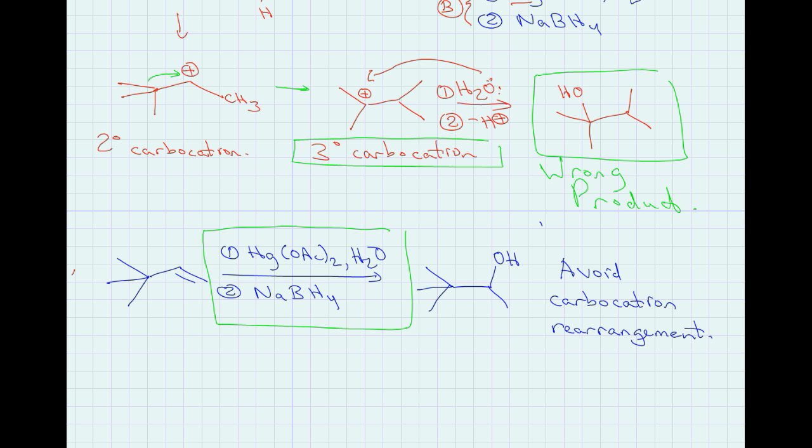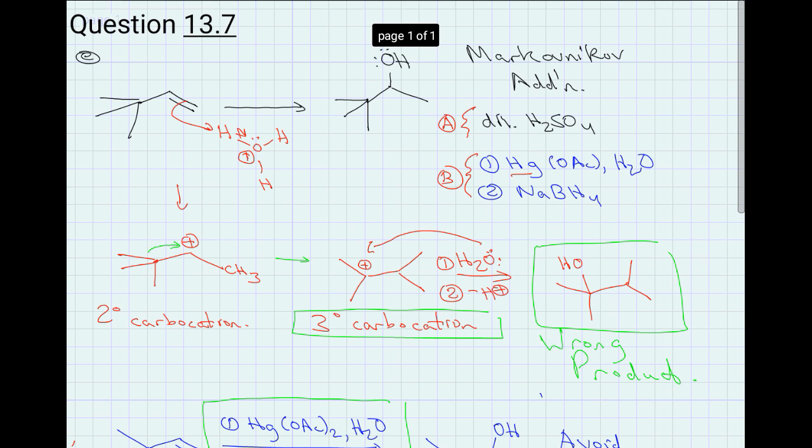So that is why we choose mercuric acetate and water and then sodium borohydride, and let me just emphasize this, we would not use dilute sulfuric acid. I hope that clears up any confusion about this question that we talked about yesterday in class.